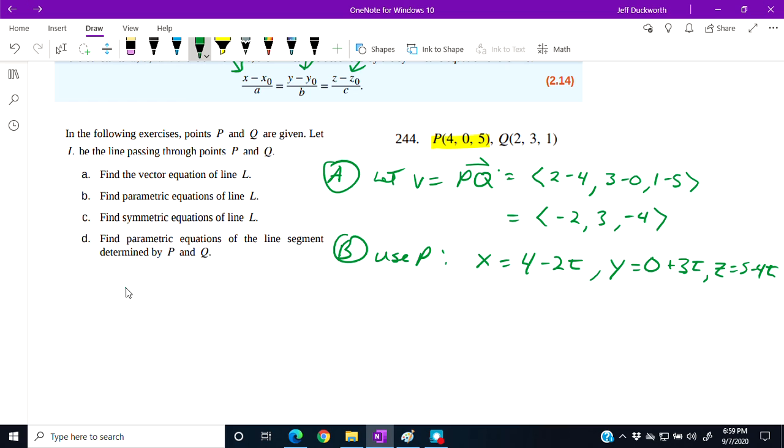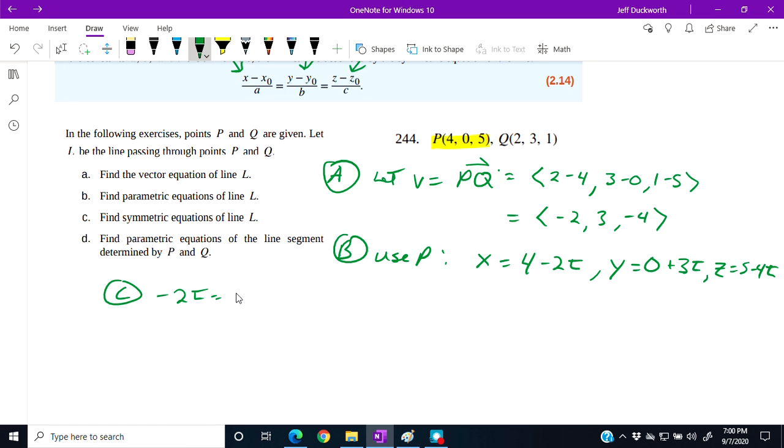Now part C, we're going to take each of these and solve for t. So here we have negative 2t equals x minus 4.